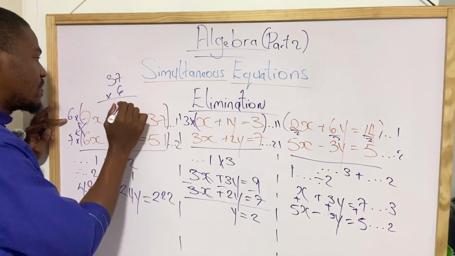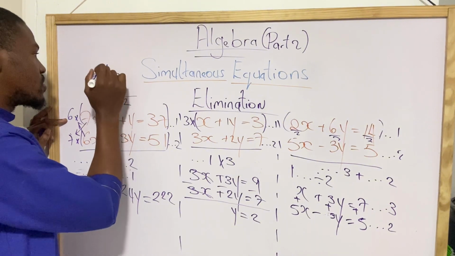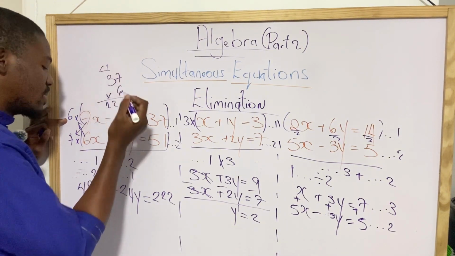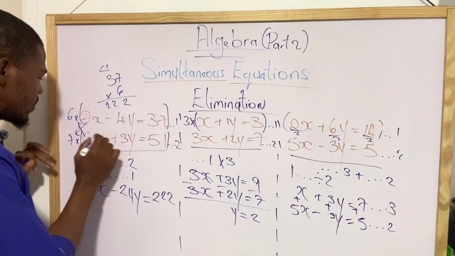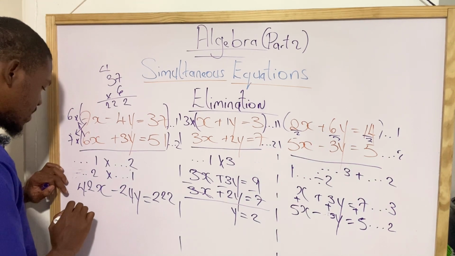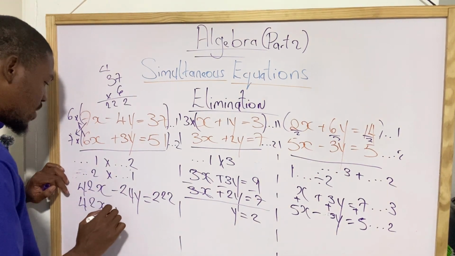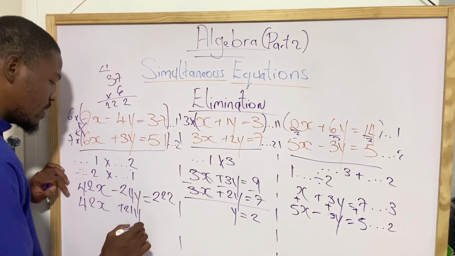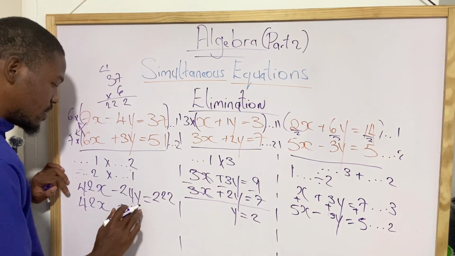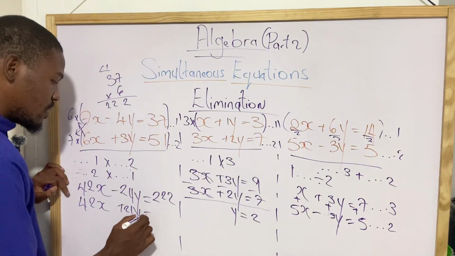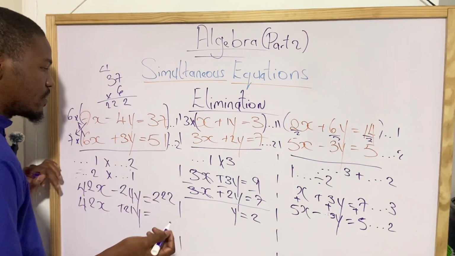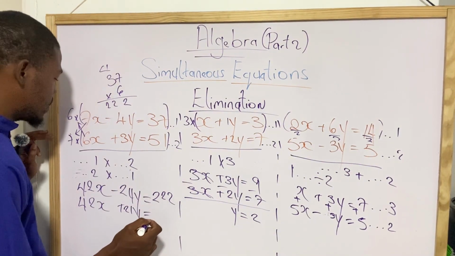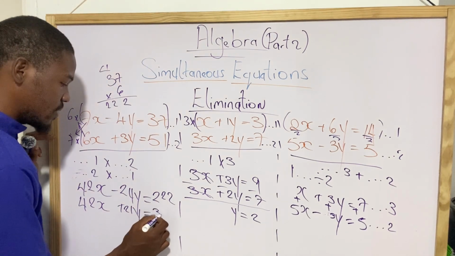And 6 times 7, that's 42. 6 times 3 is 18, so that is correct, right? Here now we have 7 times 6, that's 42x, plus 7 times 3 is 21y. I just want to ensure that. And 7 times 51, what's that going to give me? 357.